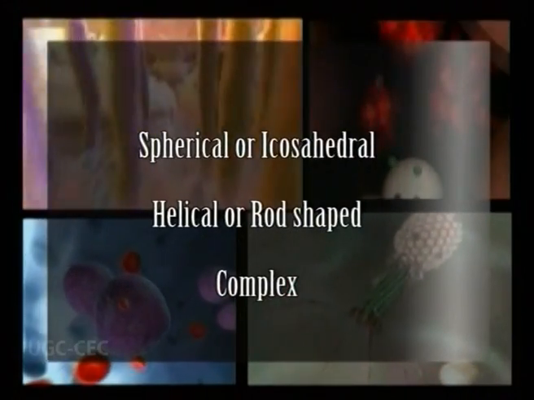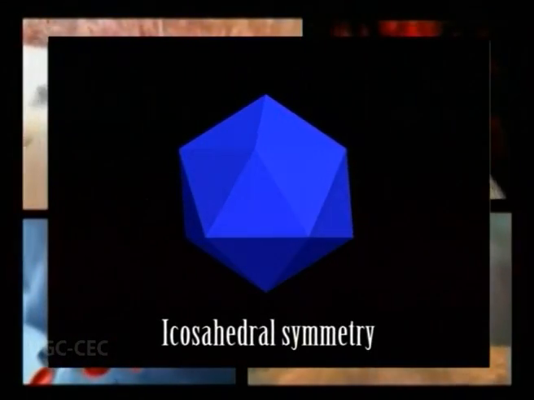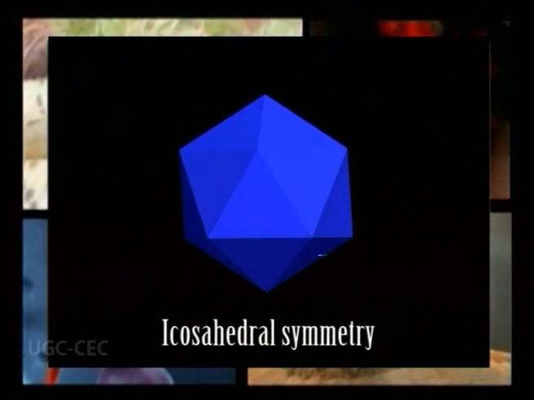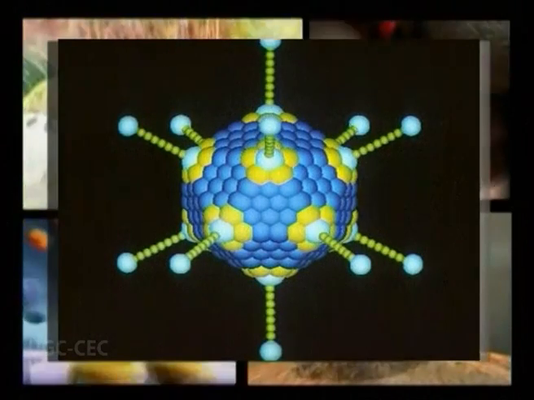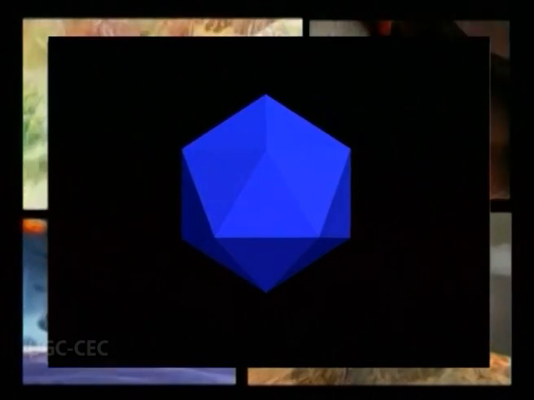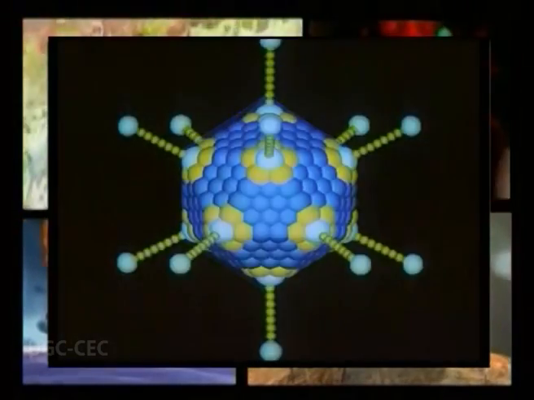Now, icosahedral or polyhedral symmetry. When protomers aggregate into units of 5 or 6, they condense to form an icosahedron with 20 faces of equilateral triangles and 20 apices.